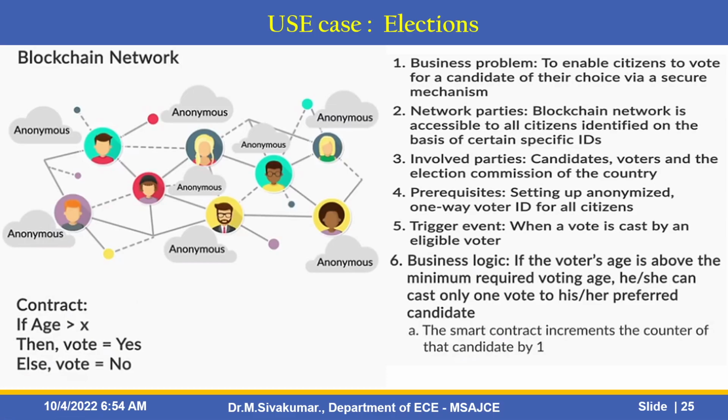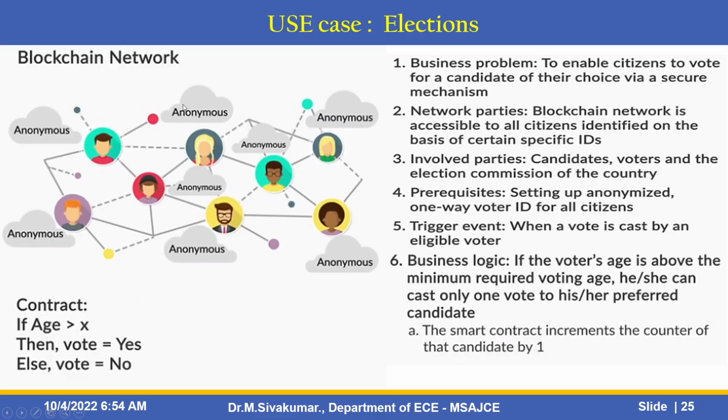If age is greater than 18, then automatically the execution will start. The person who is older than 18 can put in the vote. So vote equals yes, else not able to vote.